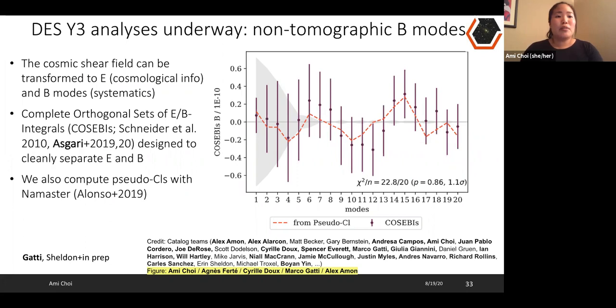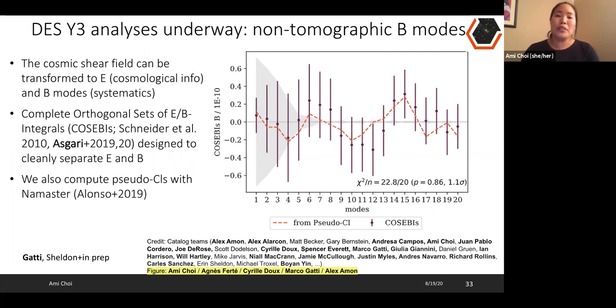We measured this using COSEBIs, similar to what the KiDS team uses. COSEBIs stands for the complete orthogonal sets of E/B integrals, introduced by Schneider et al. 2010, and also described in several papers by Marika Asgari. And this estimator is designed specifically to cleanly separate E and B modes.